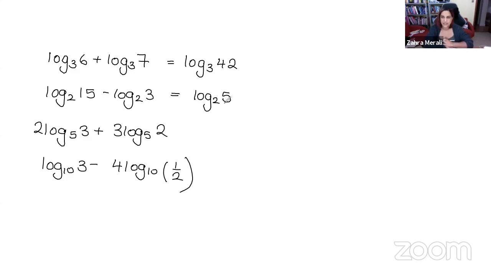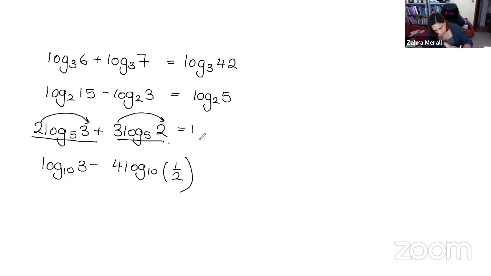Right, here we've got to do it in steps. So do you remember when we had something as a power, it could come in front? In the same way, if it's in front, it can come up as a power. So we can't combine these yet because we've got these numbers in front. So we can bring this 2 up as a power and we can bring this 3 up as a power.